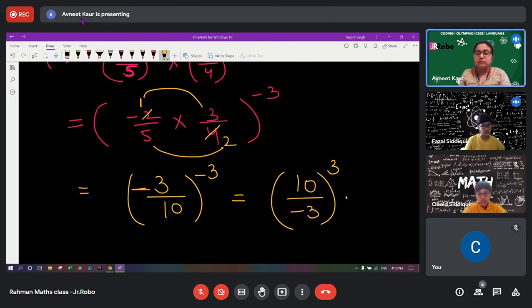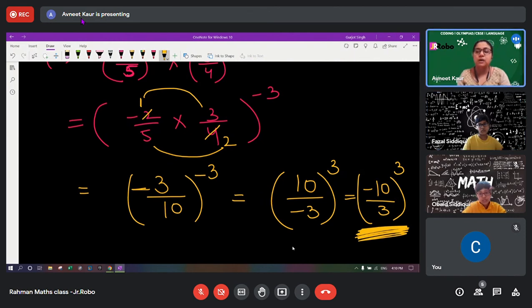Right? And I told you one more thing, that whether the minus is in the numerator or in the denominator, it does not matter. So you can write it in the numerator also. That is also fine. So this is your answer in single power.